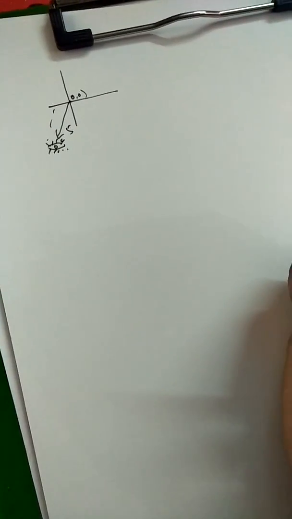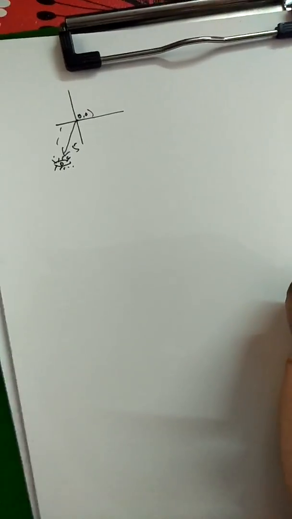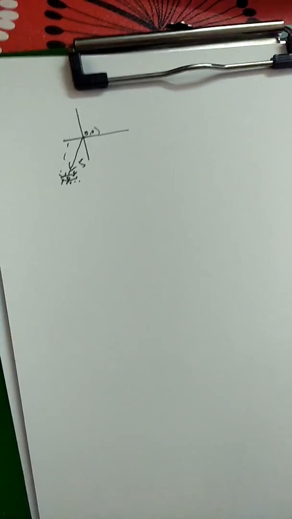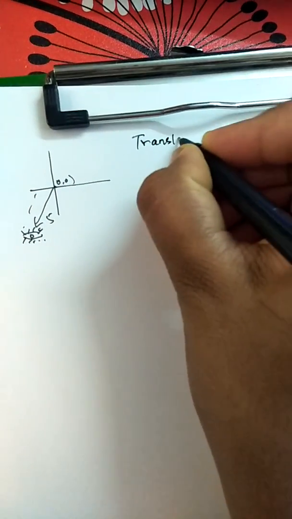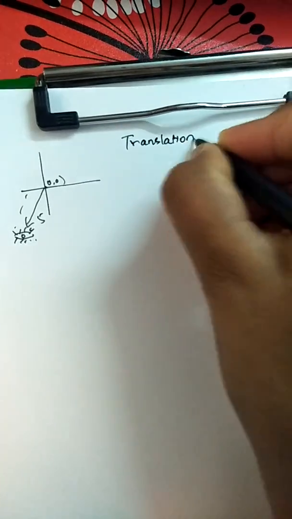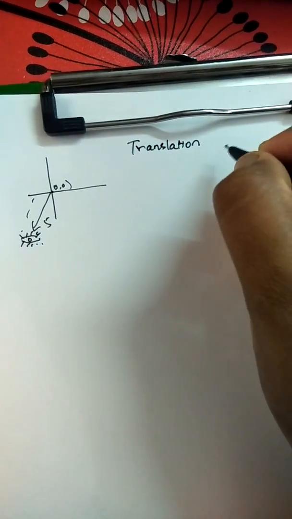So, as we all know in computer graphics, the basic 2D transformation functions are translation, rotation, and scaling.